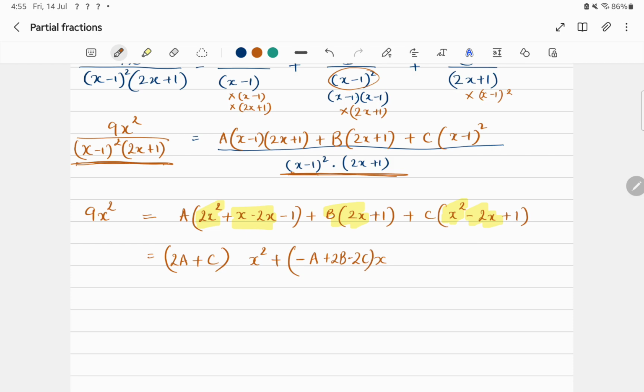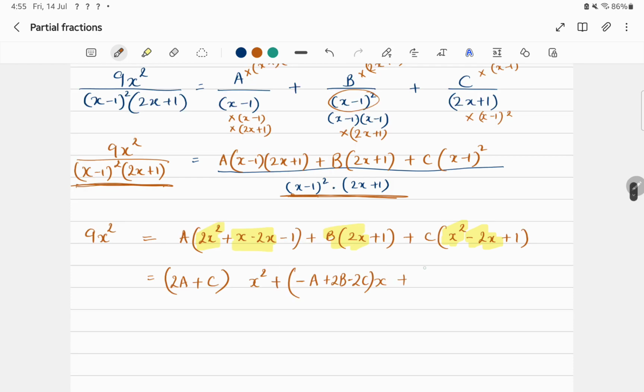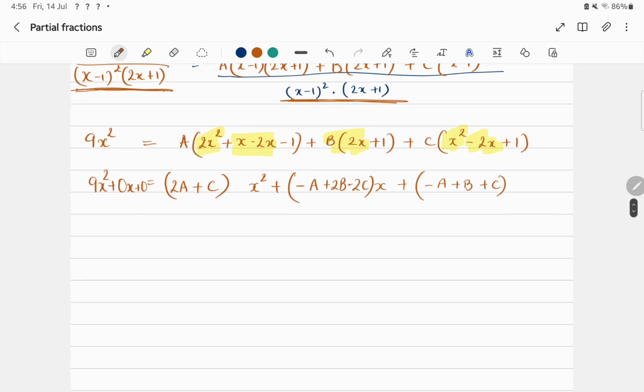And plus, now we'll write all the constants here, so it's going to be minus a plus b plus c, is equal to 9x squared. For x, it's going to be 0x plus 0. So we will have 3 equations there to equate.